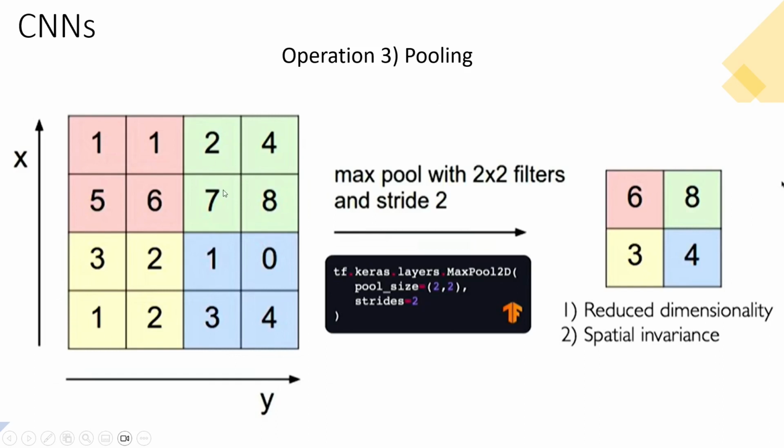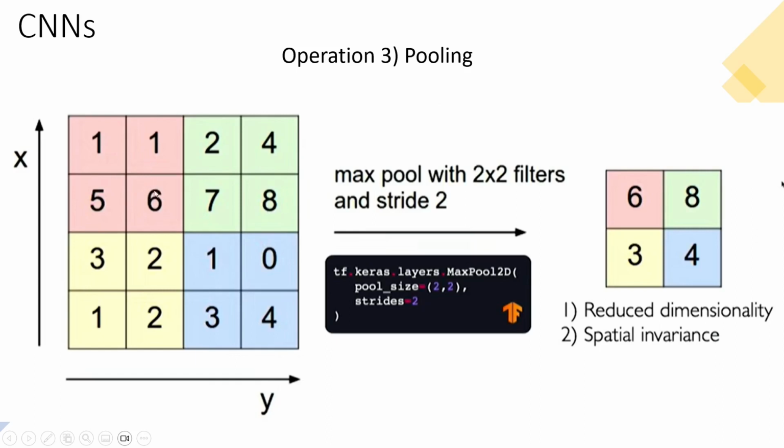If we apply max pooling to this 4x4 matrix with a pool size of 2x2, which means we will be using 2x2 areas inside this matrix, with a stride of 2, which means we will be moving this 2x2 kernel by 2 pixels, we choose the maximum value from each region.